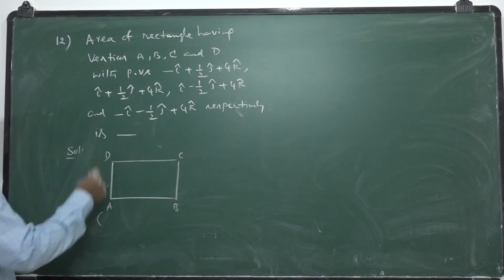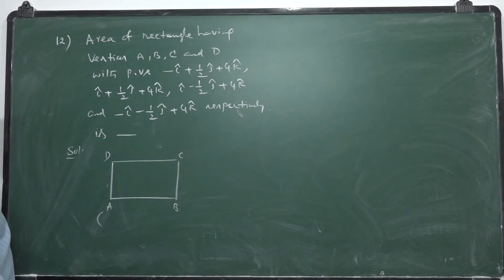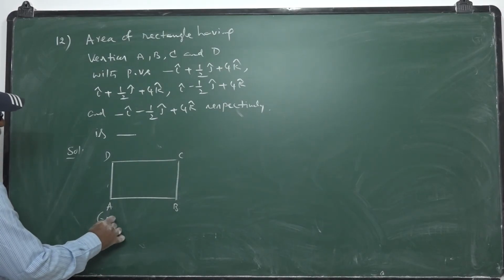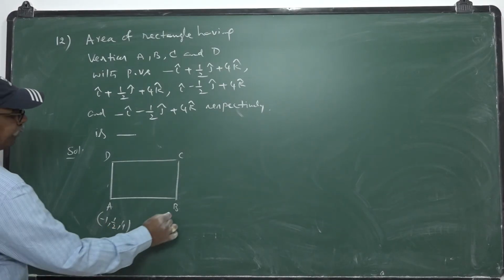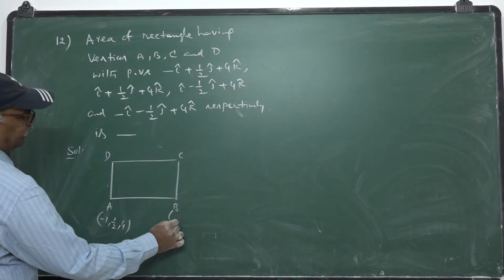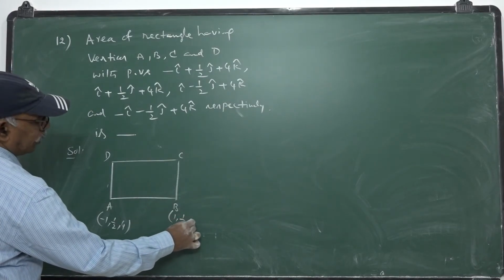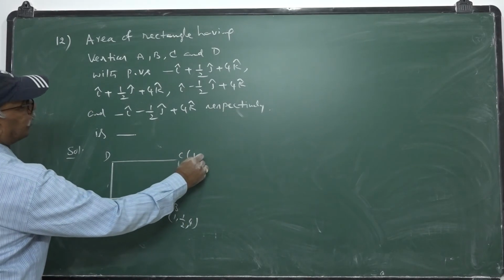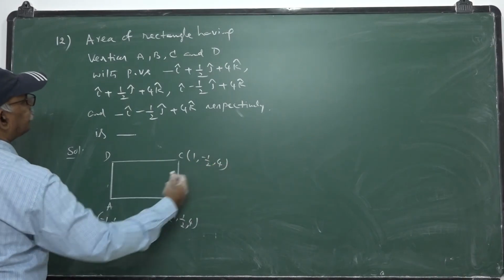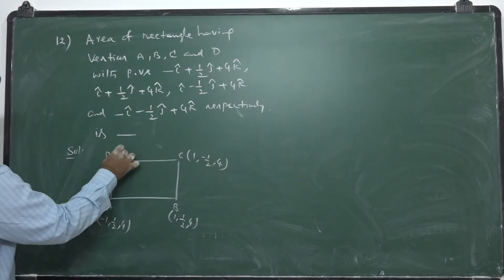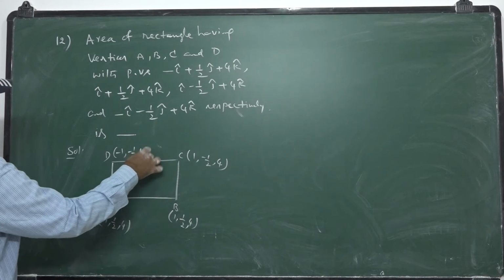The position vectors are OA bar, OB bar, OC bar, OD bar: minus 1, 1 by 2, 4; this is 1, 1 by 2, 4; this is 1, minus 1 by 2, 4; this is minus 1, minus 1 by 2, 4.